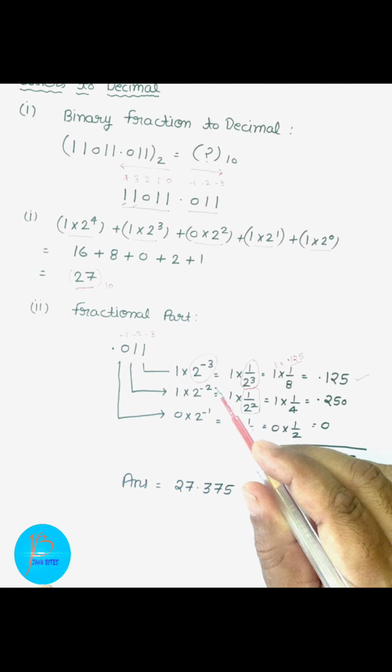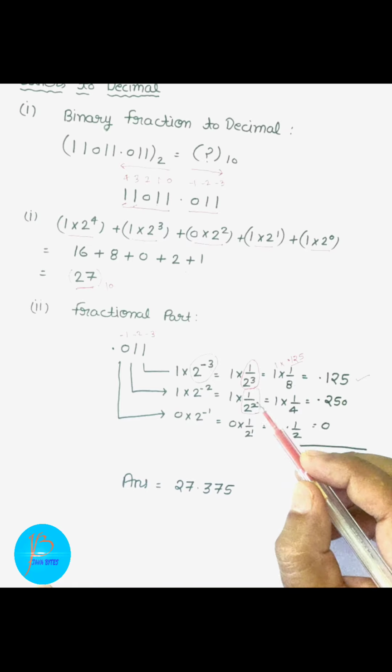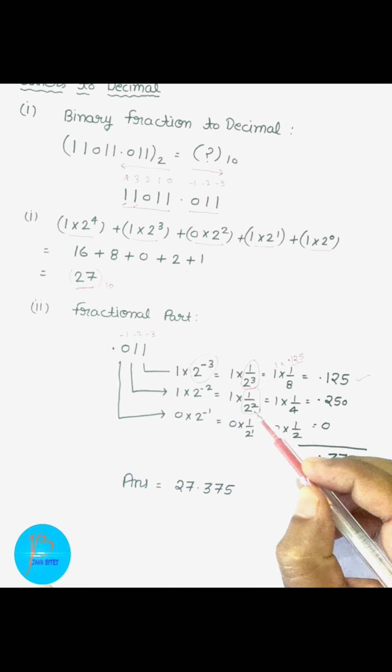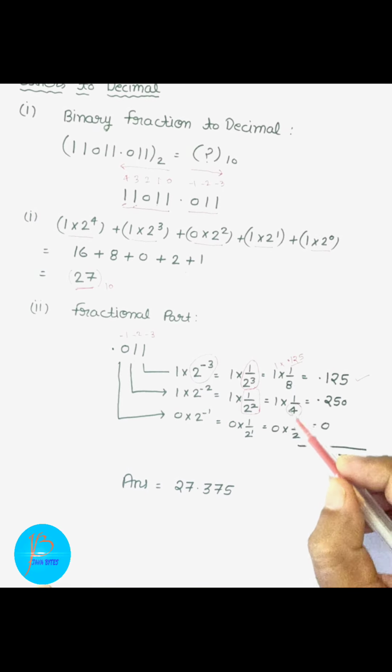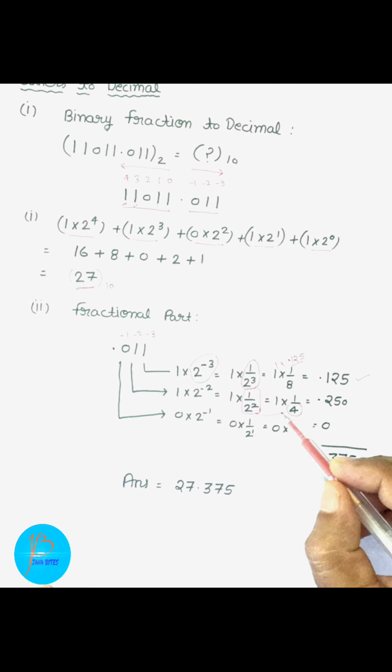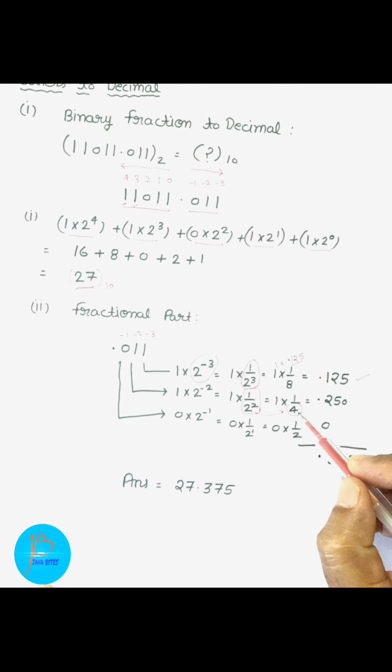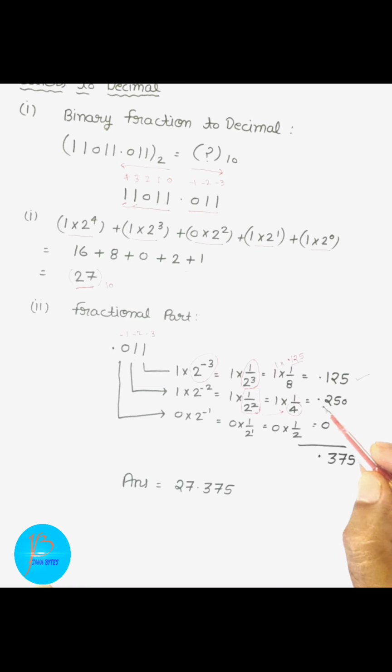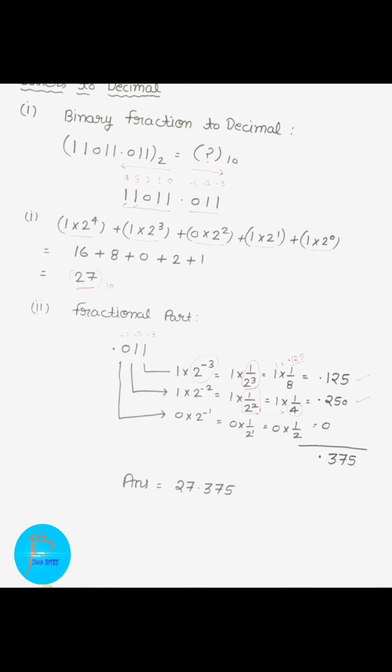So 2 raised to the power -2 will now turn to 1 by 2 raised to the power 2, and 2 raised to the power 2 means 4. Your fraction will now be 1 by 4, and you know that 1 by 4 is equal to 0.250. So you write down the answer of the second part also.